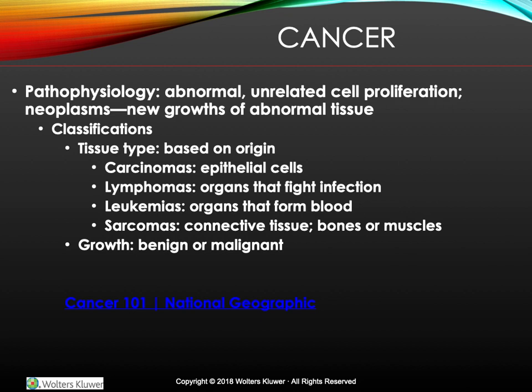While your poorly differentiated or undifferentiated cancer cells are the ones that spread and grow quickly. Differentiated is used in tumor grading system, and they're different for each type of cancer, and we'll talk about the grading system later.